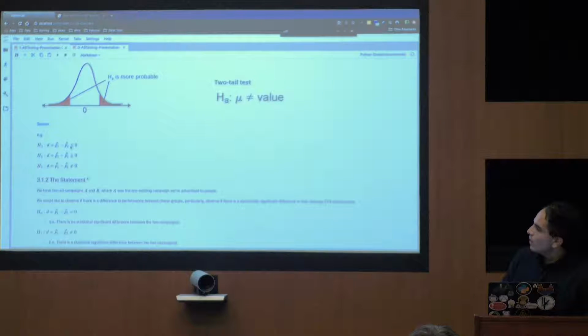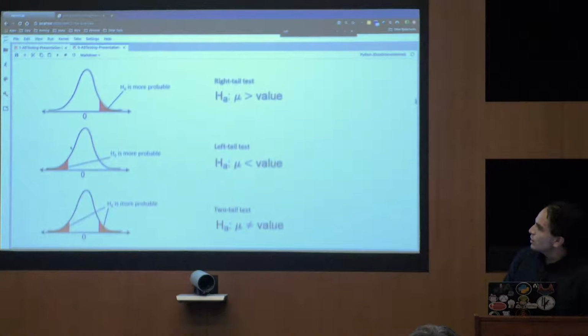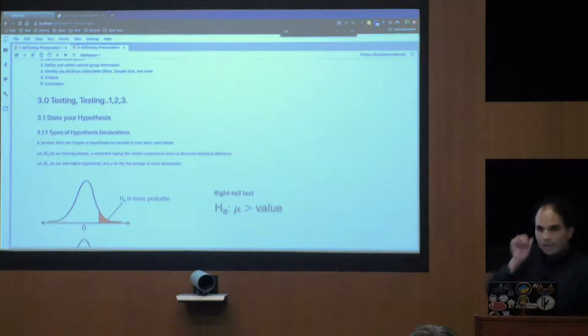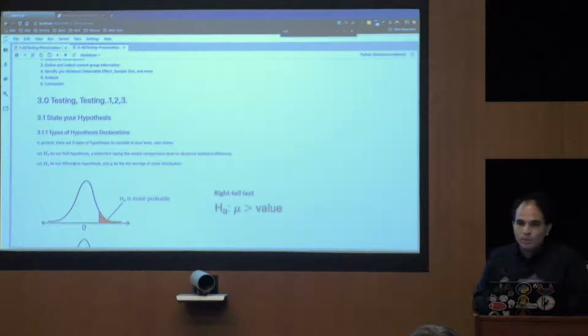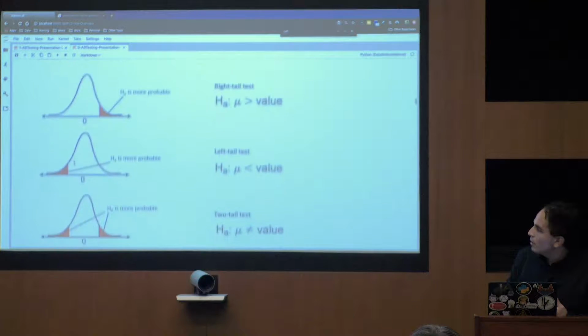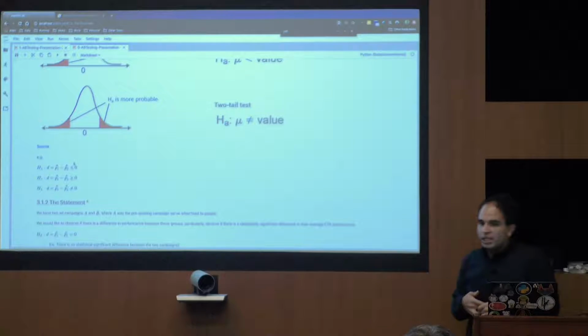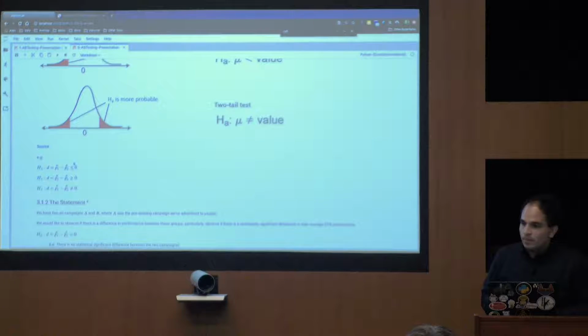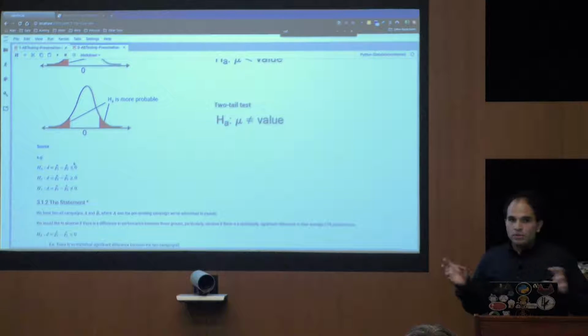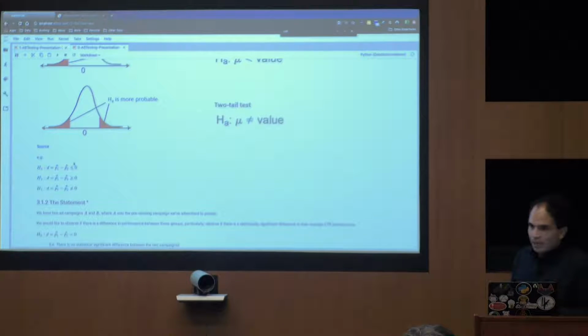So you can have your original assumption of H naught being that there is no observed difference between the two groups or two things you're comparing. And then the three permutations for your alternative hypothesis, which is a statement that there is a difference between these two groups or these two control and treatment groups, depending on the construction of your A/B test.